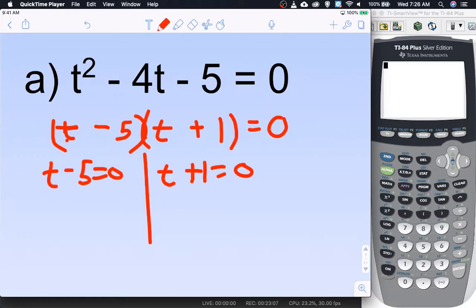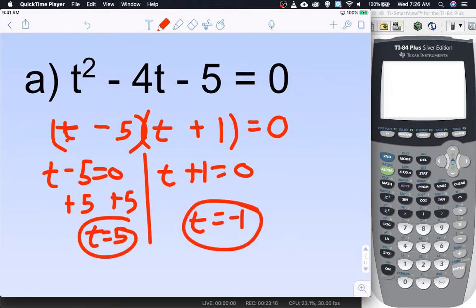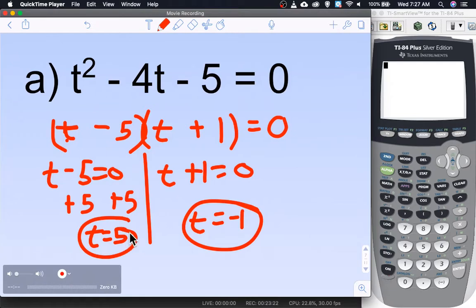One step solving, add 5 to both sides, t equals 5, minus 1 on both sides, t equals negative 1. Those two numbers are the solutions to this polynomial. If I plug in 5 for t, this will equal 0. Or if I plug in negative 1 for t, this will equal 0.